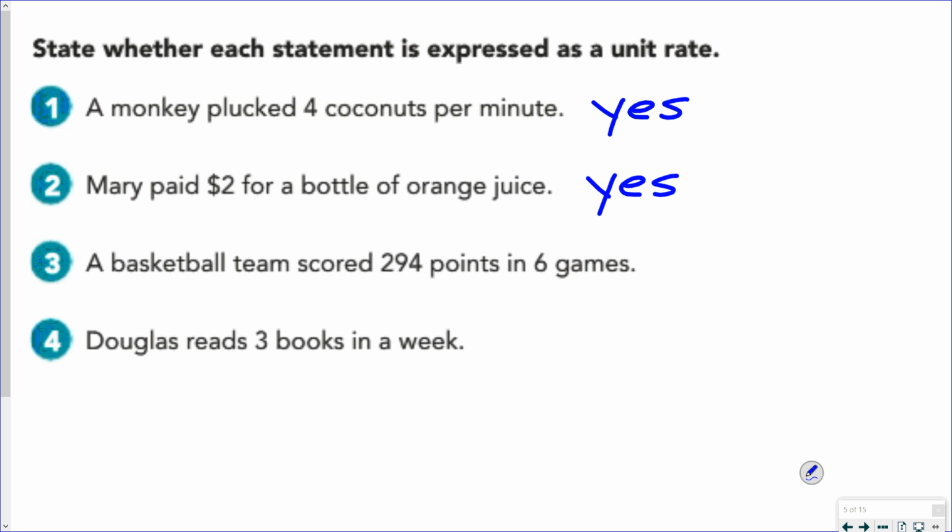A basketball team scored 294 points in 6 games. That is not a unit rate because we don't have 1 point and we also don't have 1 game. And number 4, Douglas reads 3 books in a week. And that is also a unit rate because Douglas reads 3 books in 1 week.